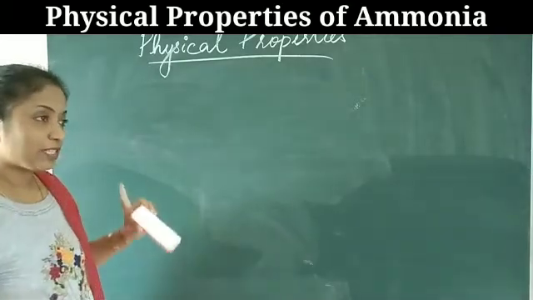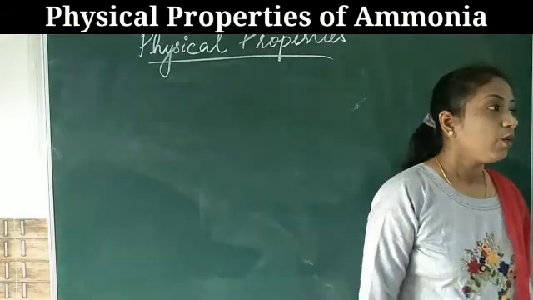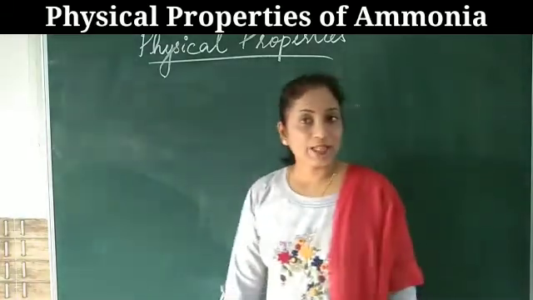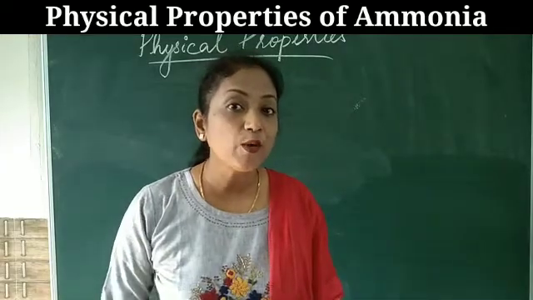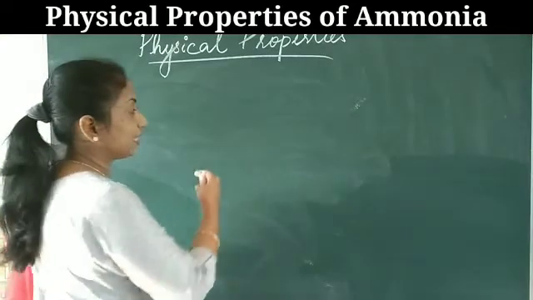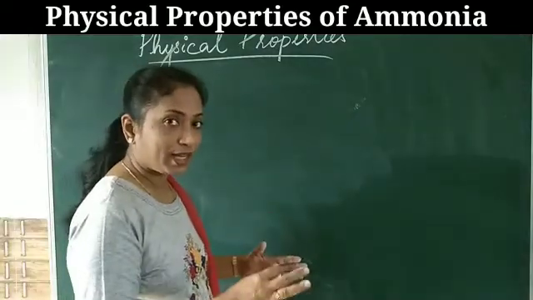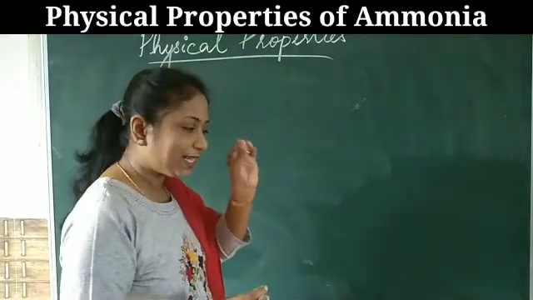And to demonstrate the high solubility of hydrogen chloride in water, we used the fountain experiment. Similarly, here too, we will use the fountain experiment for demonstrating the high solubility of ammonia in water. The setup will be the same, only there will be slight differences.